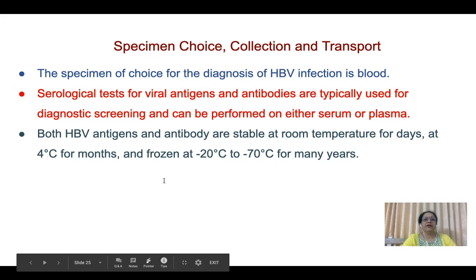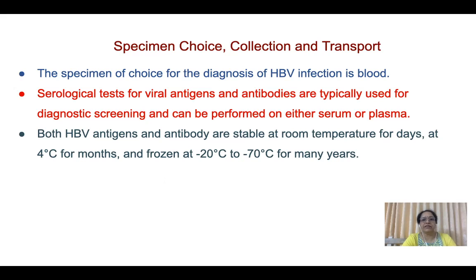Here we have to first collect a specimen. The specimen of choice for diagnosis of HBV infection is blood. Various serological tests for viral antigens and antibodies are typically used for diagnostic screening and can be performed on either serum or plasma.